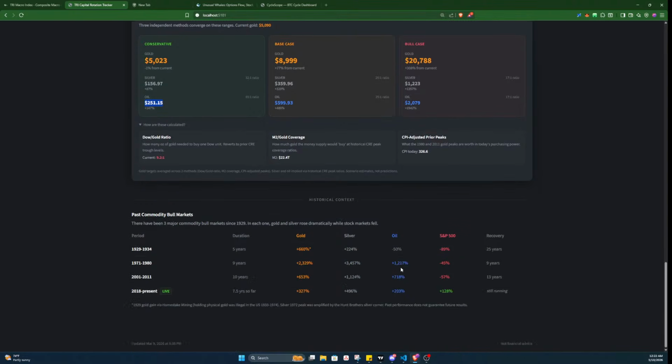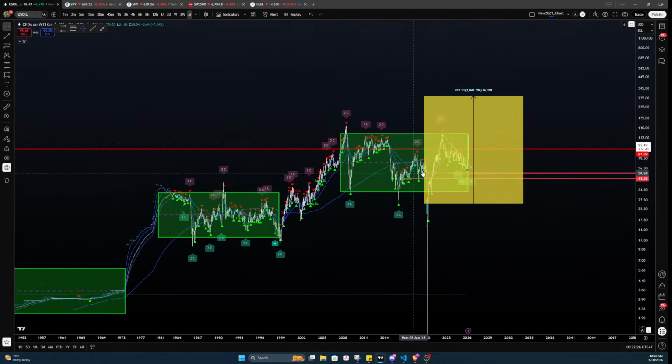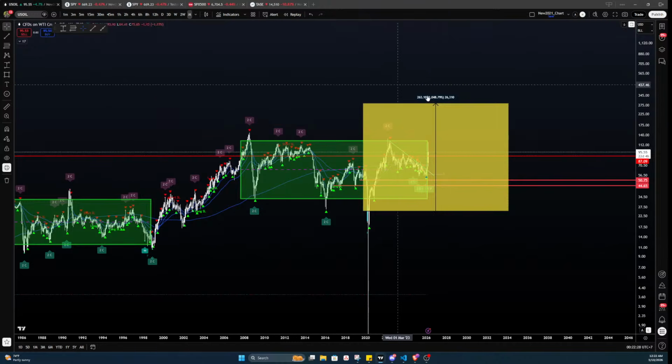And if we look historically, this says 7,000, but I think it's actually 1,000. I need to see about adjusting this. You can see how they all last for 10 years. We've got 2 years left. So that's the capital rotation effect where we will get to a new level.